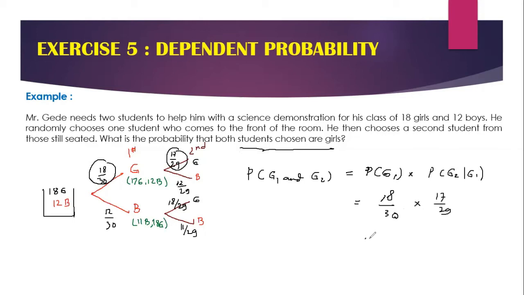So overall, the probability is 306 over 870. Is it clear, everyone? So the probability that both students will be girls is 306 over 870.